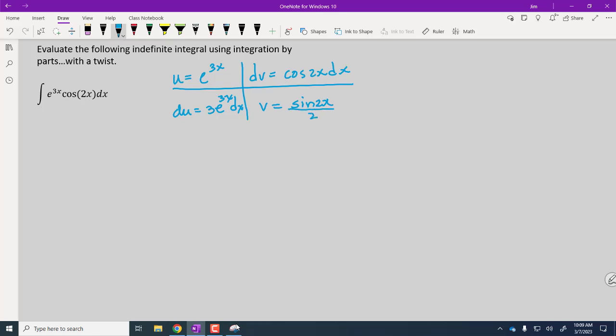So there is our first integration by parts. And typically we're going to call this integral something so that we can refer to it very easily and not have to rewrite it a bazillion times. So we'll call it omega. And this will end up being u times v. So that's 1/2 e to the 3x multiplied by sine of 2x.